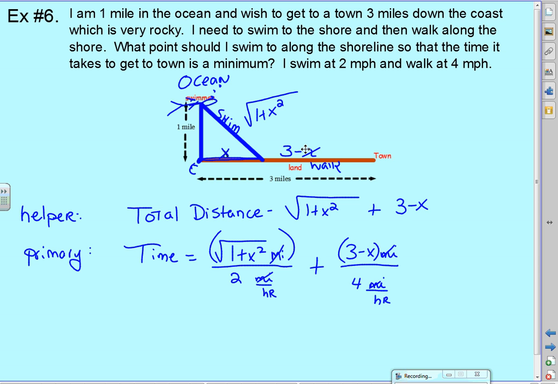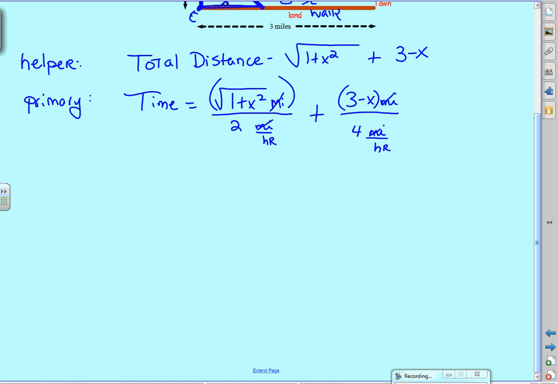And that is what we're going to want to minimize. So we want to minimize our time. Thus, that's where we're going to take our derivative, right? So we're going to have t prime. So t, it's all in x's, that's good. So t of x is equal to, can't really do a lot.